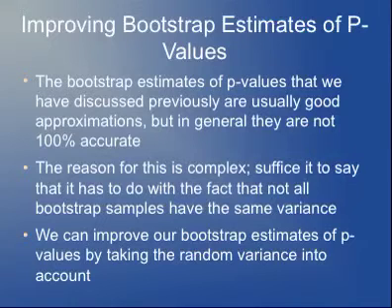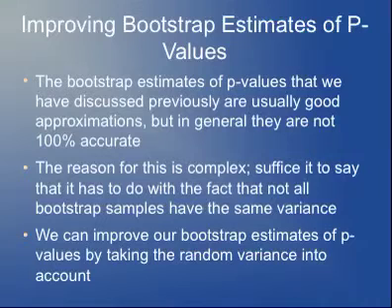because the bootstrap estimates of p-values we discussed previously usually give you good results, but they're not necessarily 100% accurate. Without boring you too much with the details, the reason you can sometimes get wonky estimates is that not all of your bootstrap samples will necessarily have the same variance. In the vast majority of practical situations, the variance won't change that much from sample to sample.